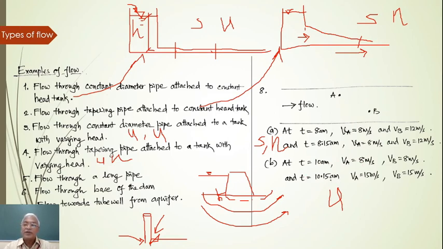Even if you change the time, VA is 15 meter per second, VB is also 15 meter per second. Again it is uniform, the same values will be there. So it is unsteady but uniform flow. You should not use abbreviations, you should write full words. Take care.